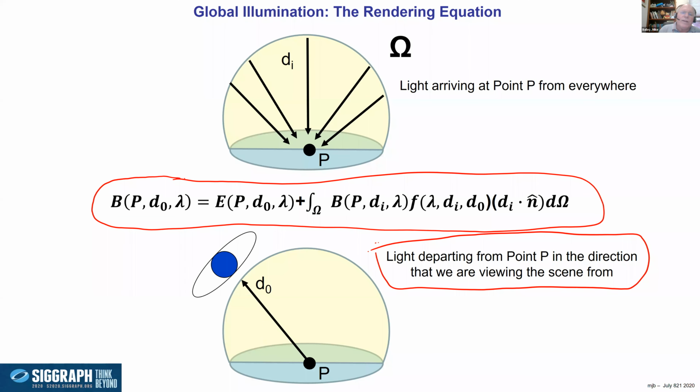And the lighting equation is an energy balance. What it's saying is, if I'm at a point P, there is light coming in from everywhere. If I put a half sphere on top of me, there is light coming in everywhere from that half sphere. You know, maybe it's just the way I drew the diagram.